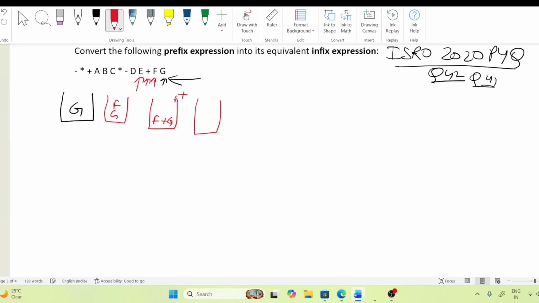Then we are having E. F plus G, E. Then D. F plus G, E. Now minus. So minus we are having. So what will we do?